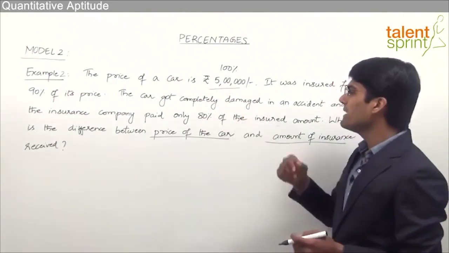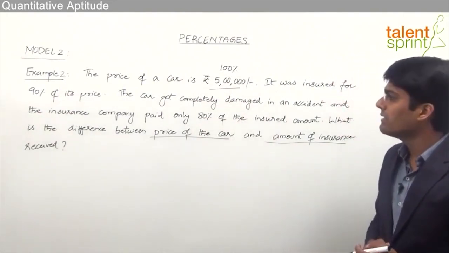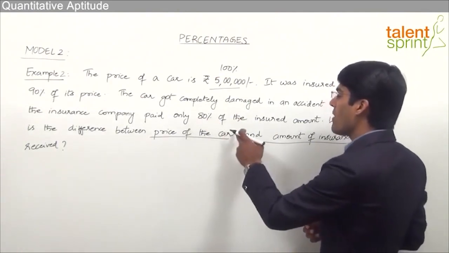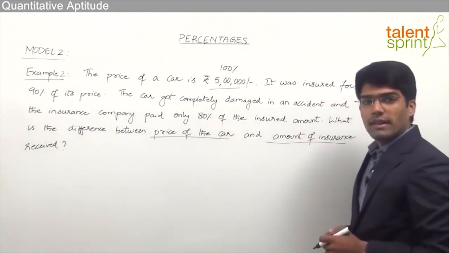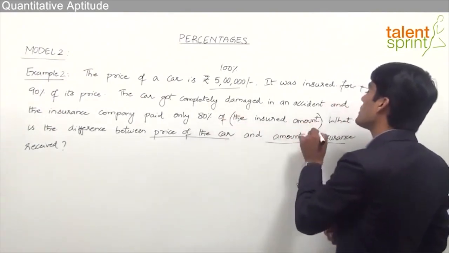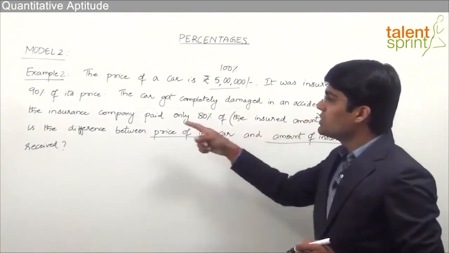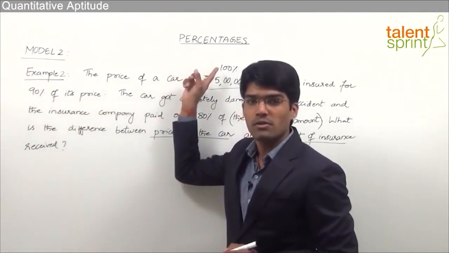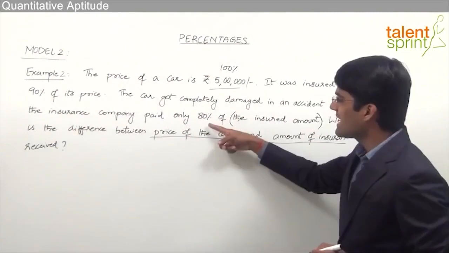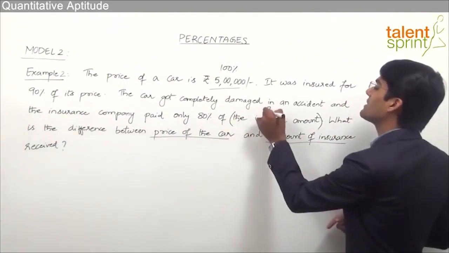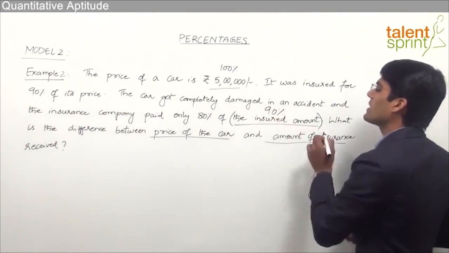The car got completely damaged in an accident and the insurance company paid only 80% of the insured amount. Now remember, friends, the company paid 80% of the insured amount. We very well know that the insured amount is only 90% but not the total value of the car. So we can clearly understand that the company paid 80% of 90%. That is nothing but the insured amount.